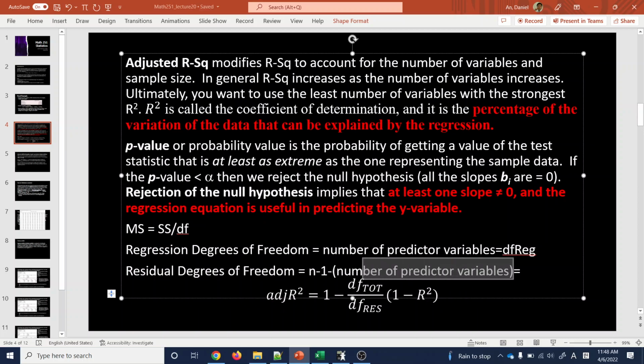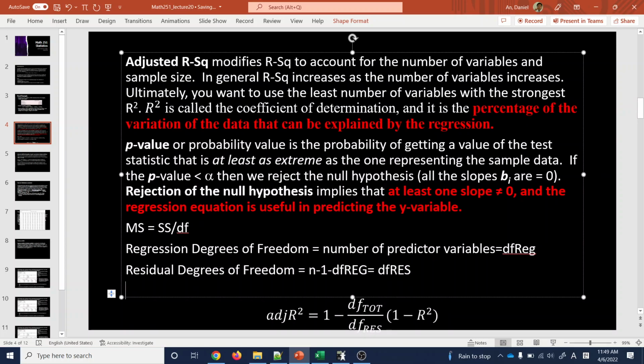I think it's better if you just say degree of freedom of regression. And that's equal to the degrees of freedom of the residual. And the total degrees of freedom is equal to just n minus 1, which is the sum of these two.